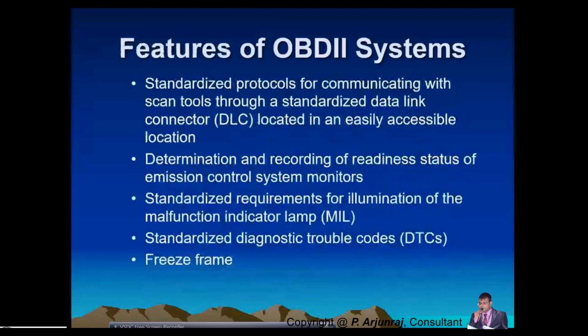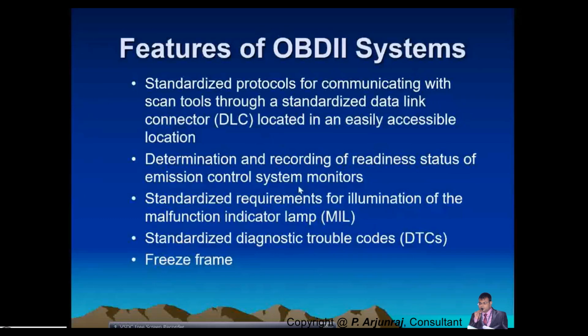The OBD 2, as I said, is the advanced one. It has been highlighted with the DLC, which stands for data link connector, and this is easily accessible. This also helps to record the status of the emission control systems.